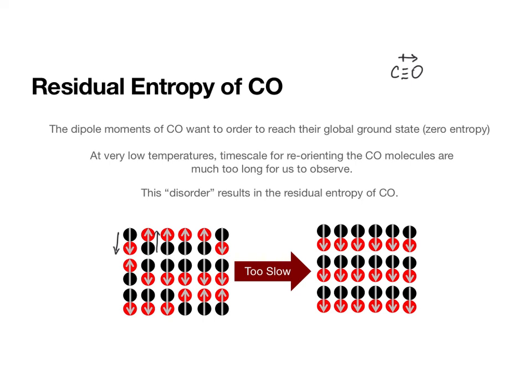This residual entropy, often from things like orientation, dipole moments, things like that, is what is preventing us from experimentally reaching absolute zero. And so this means that the third law of thermodynamics is still, in a sense, a thought experiment of a perfect crystal with one possible ordering having zero entropy at absolute zero.